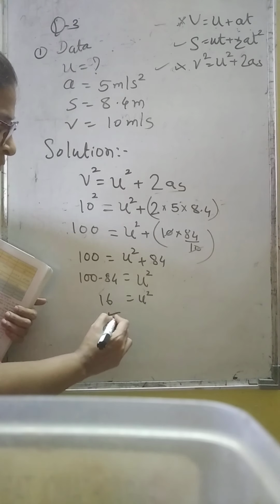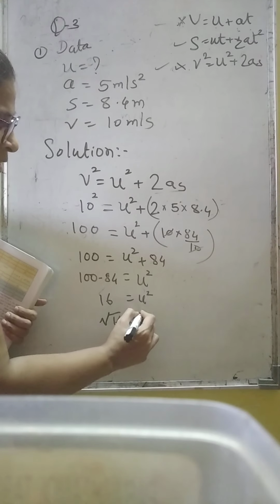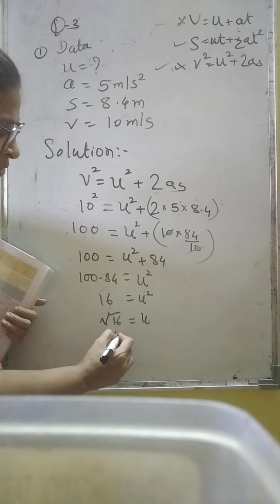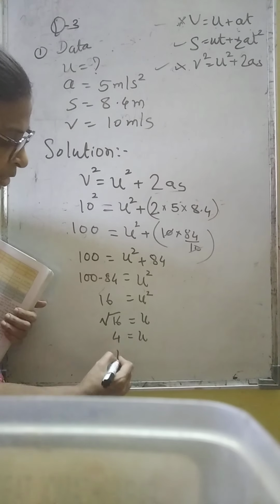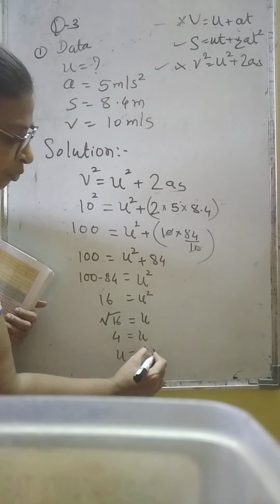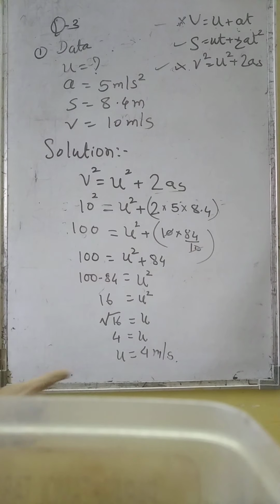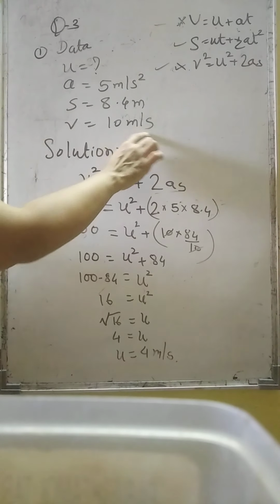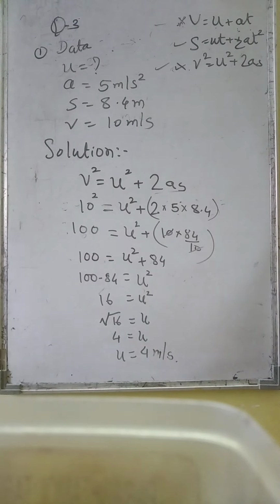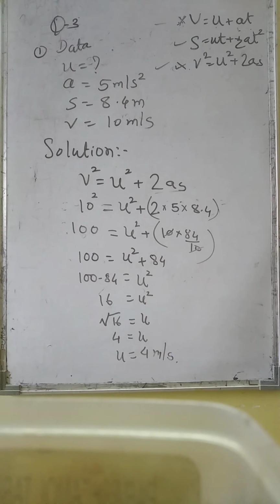So square root of 16 is u. What is the square root of 16? 4. So we got the answer. u is equal to 4 meter per second. See, u is meter per second and v also meter per second. So this is how we completed the table form type of question.